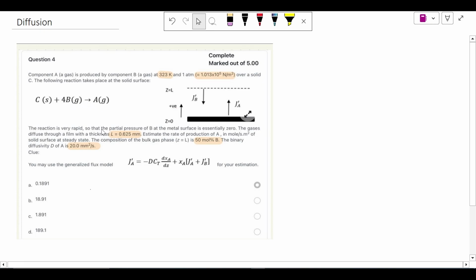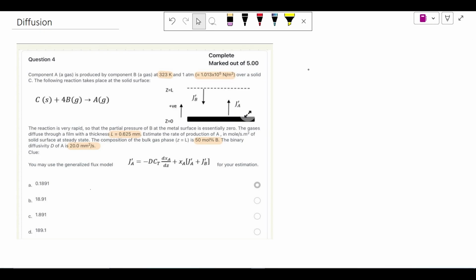So it's going to be like this: if four atoms of B come to the metal surface and react with solid C, one atom of A will be produced.